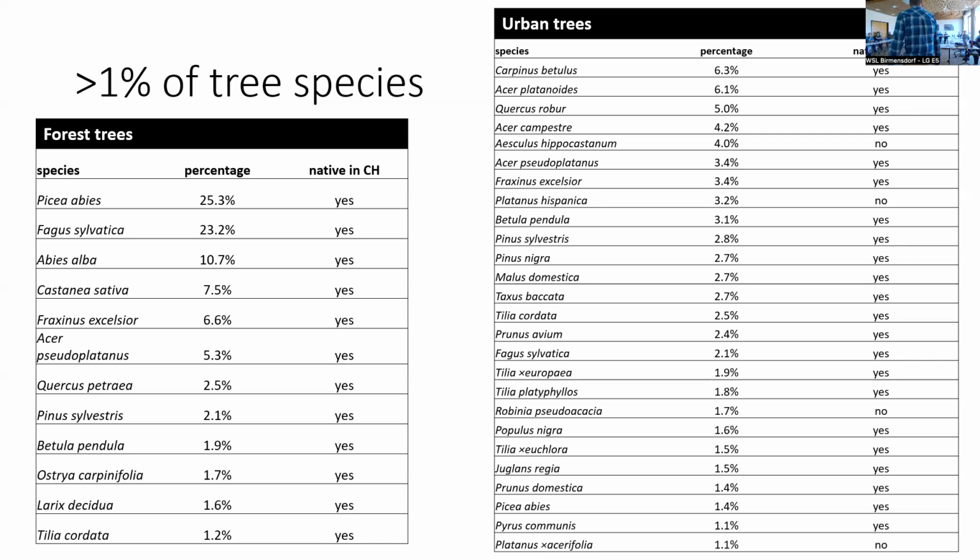One is longer than the other. But we also see that Picea and beech make up almost 50% of all trees surrounding our municipalities. When we look at the percentages in the urban trees, that's much lower. So the frequency of these different species, even the most common ones, is much lower, right?